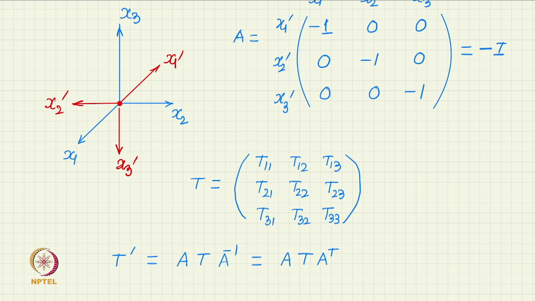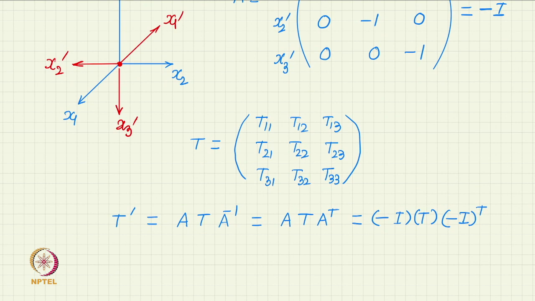So, all you have to do is, instead of A, write minus I, T, and minus I transpose, which is minus I, T and another minus I.